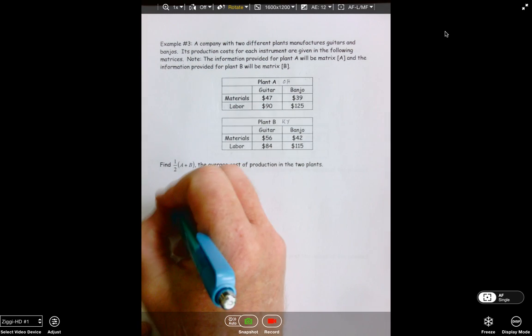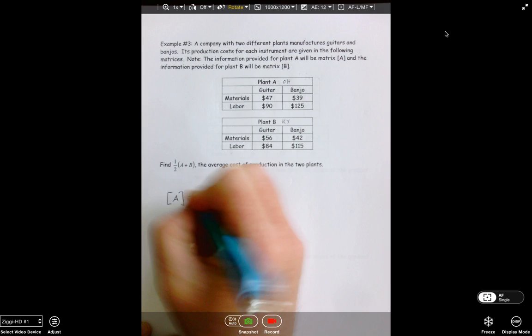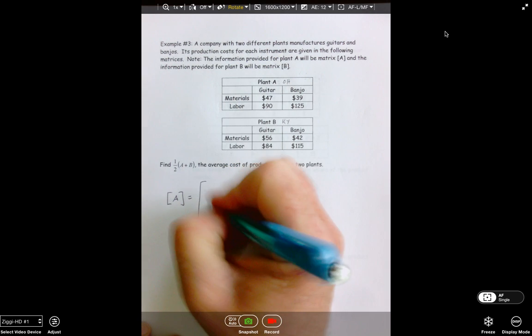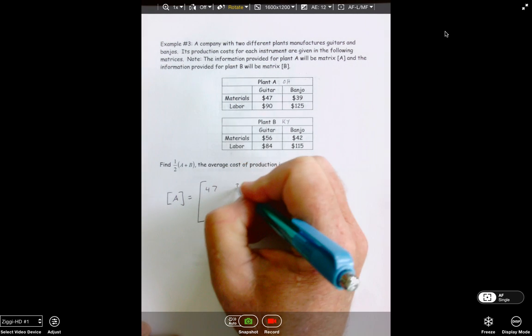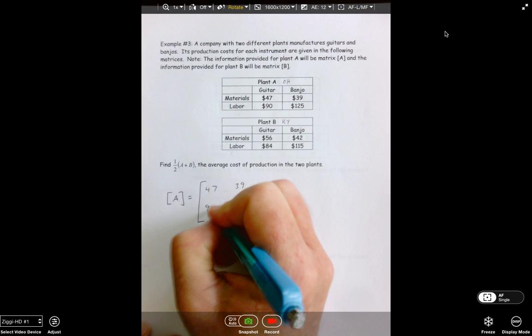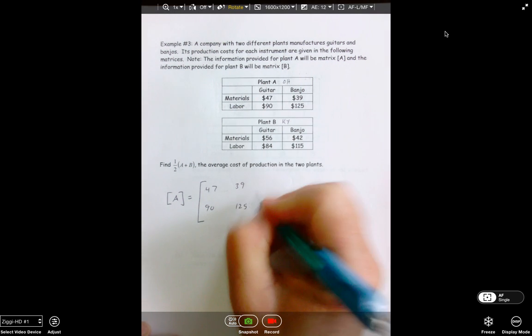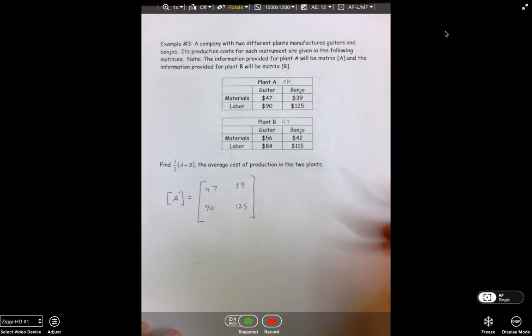So guys, at the end of the day, I say that a lot, don't I, at the end of the day. Matrix A looks like this.